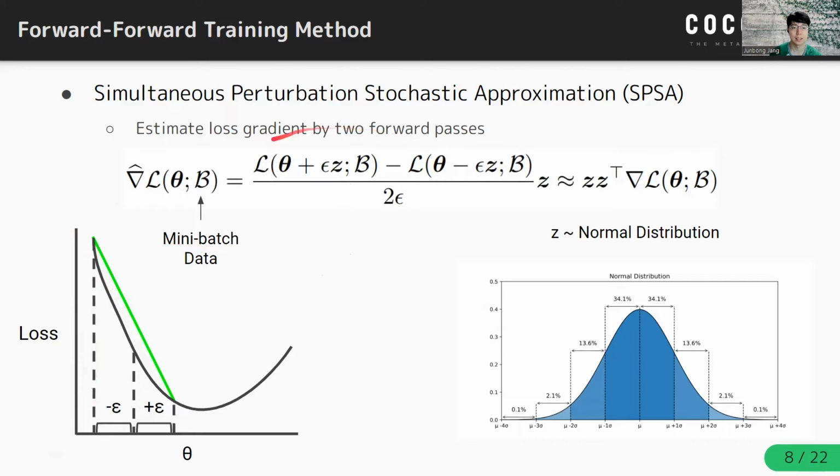At the end, this part of the equation is this green line. Of course, you have z here, so you would have a little bit of perturbation in this green gradient.